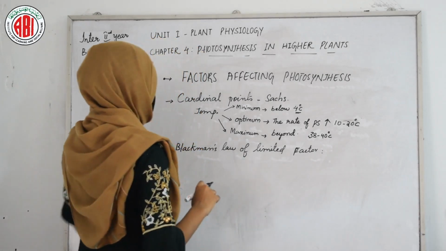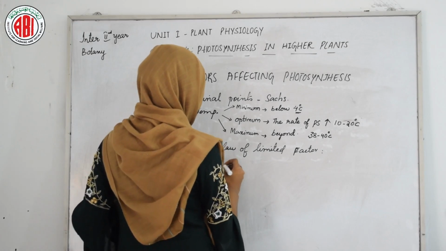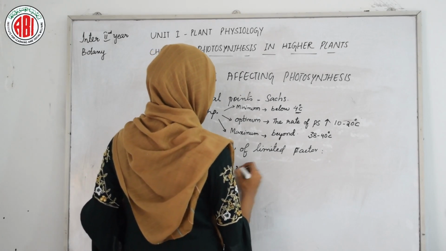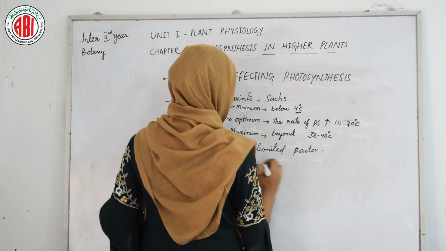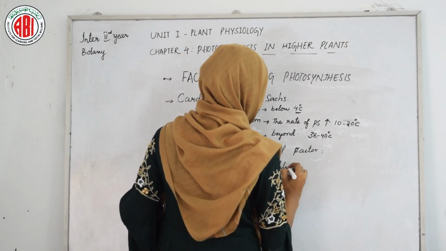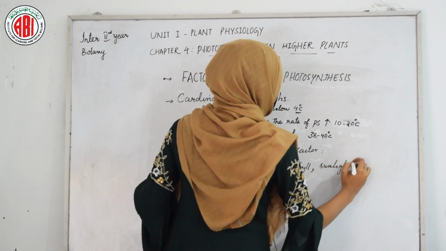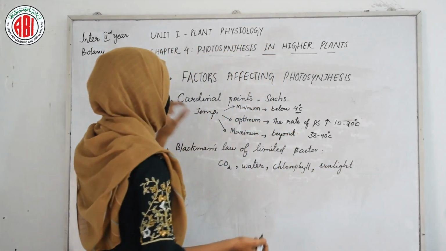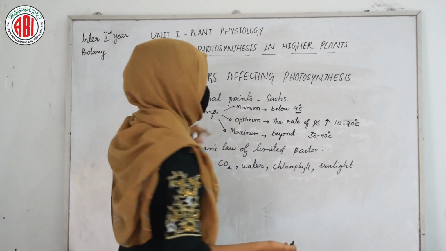Here we'll take one example to understand it clearly. We know that for the process of photosynthesis, factors like carbon dioxide and water, which are raw materials, chlorophyll, which is a pigment, and sunlight are essential factors required to carry out the process.